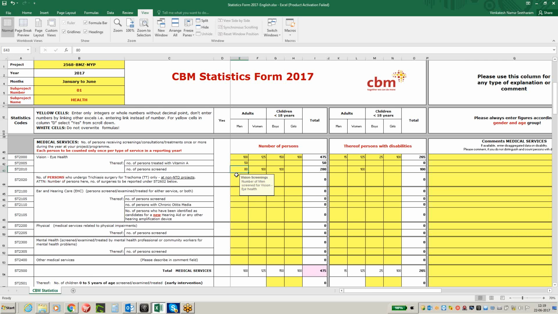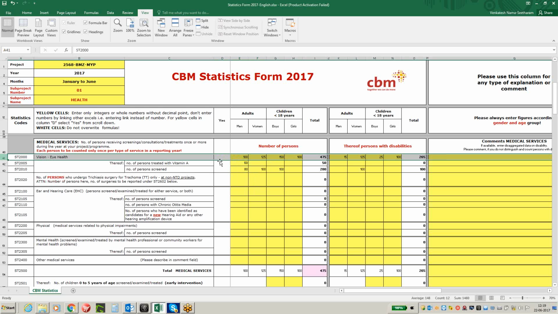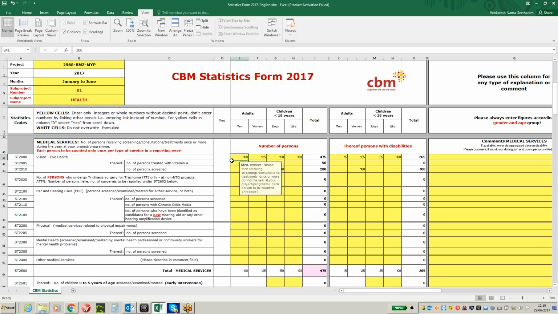Is it not 80 and 50, which was to make a total of 100 on top? No, that's what I told you. Here, the person should be counted for this row only once. Out of this 100, 80 persons can be coming from screening, and out of this 100, 50 persons might be given vitamin A. But there might be 30 persons who have received vitamin A and who are coming from screening.